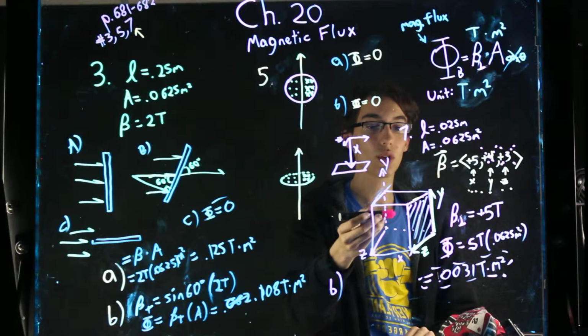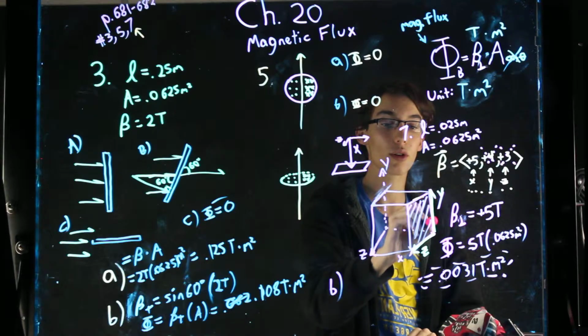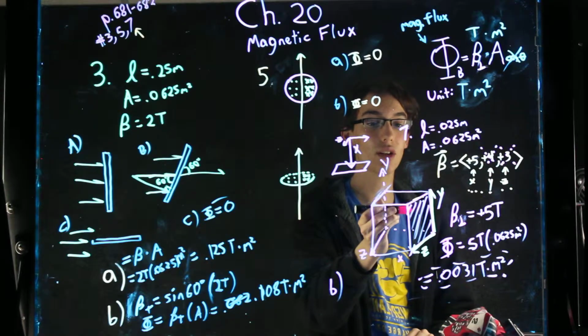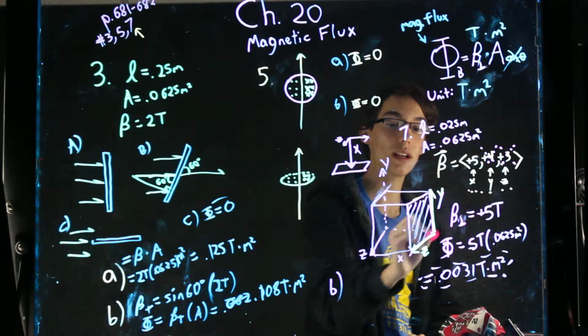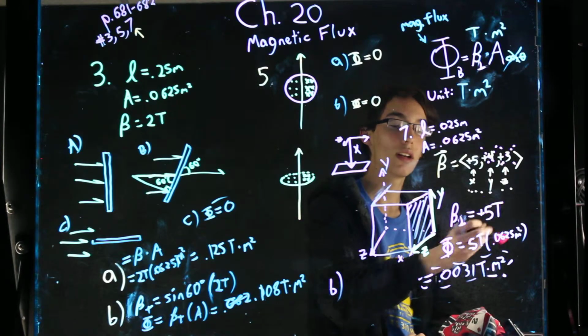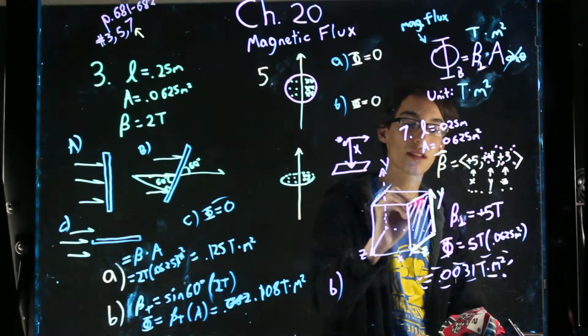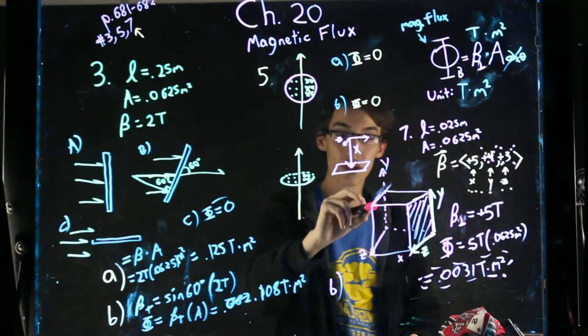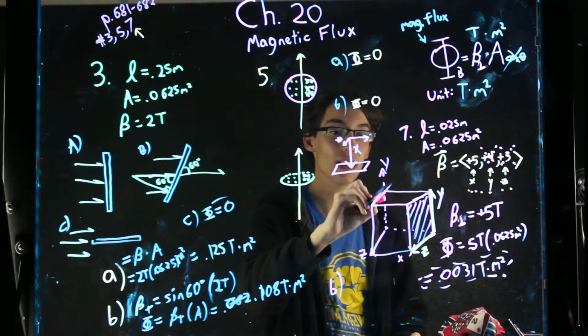So the magnetic field, before it crosses through this face, is inside the cube, and then once it crosses through this face right here, it then goes outside of the cube. So that means that the magnetic flux for this face is negative. However, it's a cube, so it has a face on the exact opposite side.